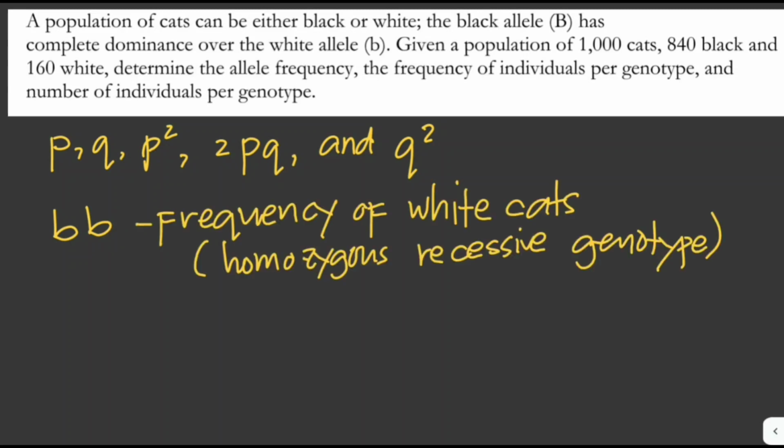And then black cats can have either the genotype big B and small b, or the genotype BB. Alright, this is for the black cats.